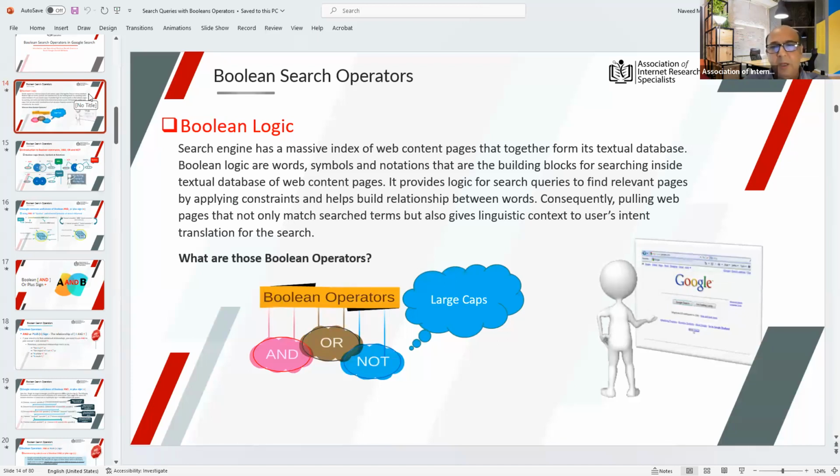So if A and B, you want them to be together, where A is a word and B is also a word, you can use AND in capital letters. That is a Boolean operator, and its importance is significant enough that without using Booleans, it's very hard to control the textual database.